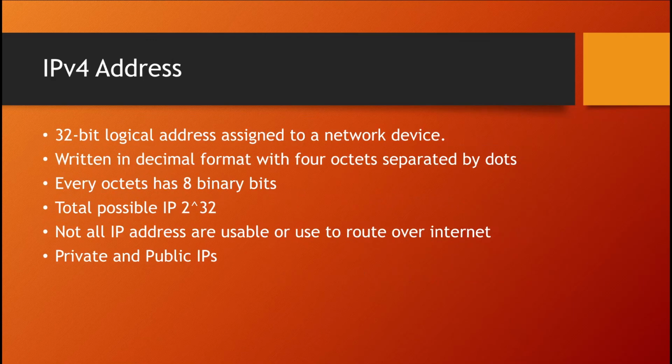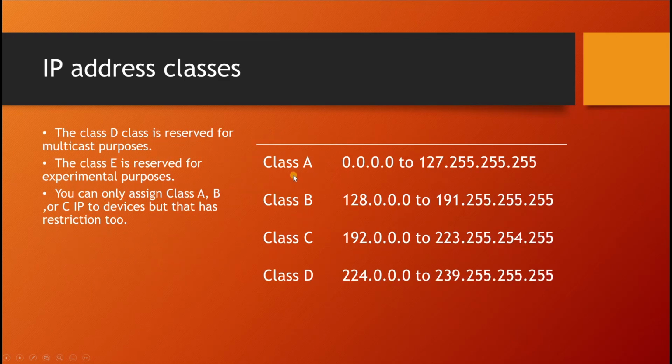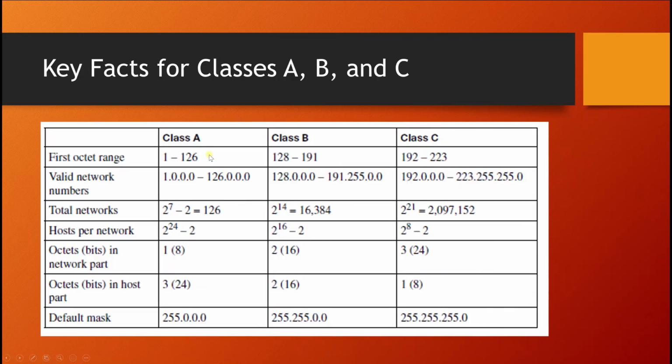So quickly, to go back: an IP address is 32 bits, in decimal format, and you have 2 to the power 32 numbers, which is 4.3 billion. It's divided into private and public. The entire IP range is divided into 5 classes: A, B, C, D, and E. Class A, B, and C are for unicast, D is for multicast, and E is reserved for experimental purposes.